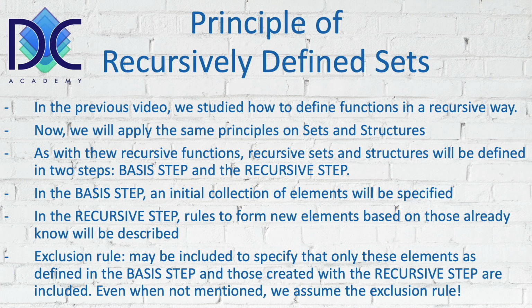Even when we don't mention the exclusion rule, we assume that it is applicable. So we will see what can be done, what the possibilities are, and what elements cannot be part of the set.